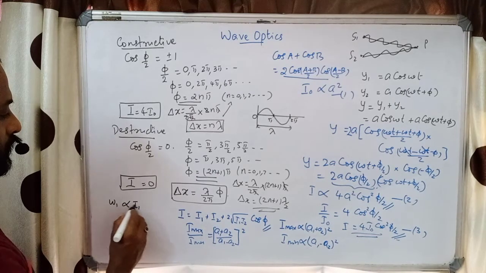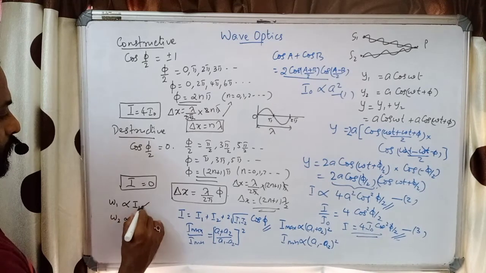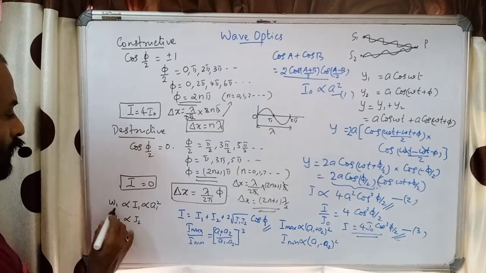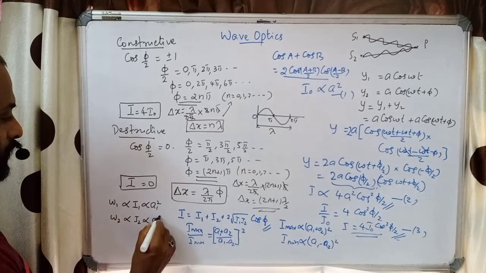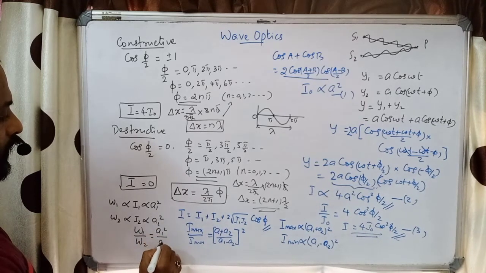Width of the first slit W1 is proportional to I1, and width of the second slit W2 is proportional to I2. This is in turn proportional to the square of the amplitude of light from the first slit, A1 square, and similarly A2 square. Now, W1 by W2 is equal to A1 square by A2 square.